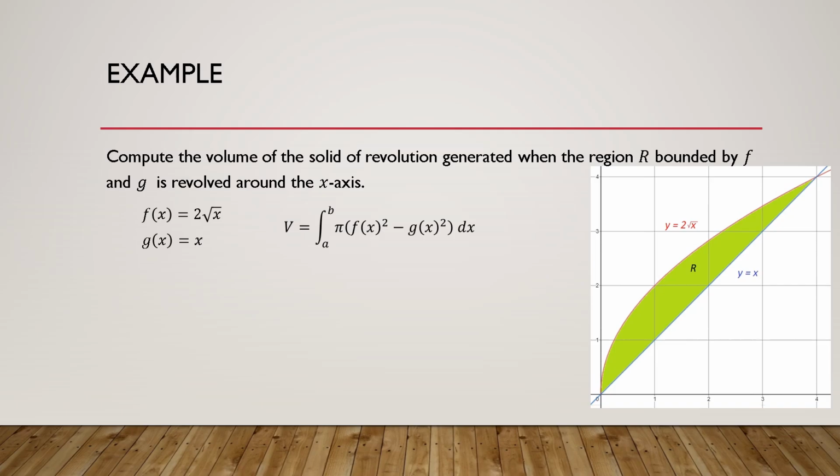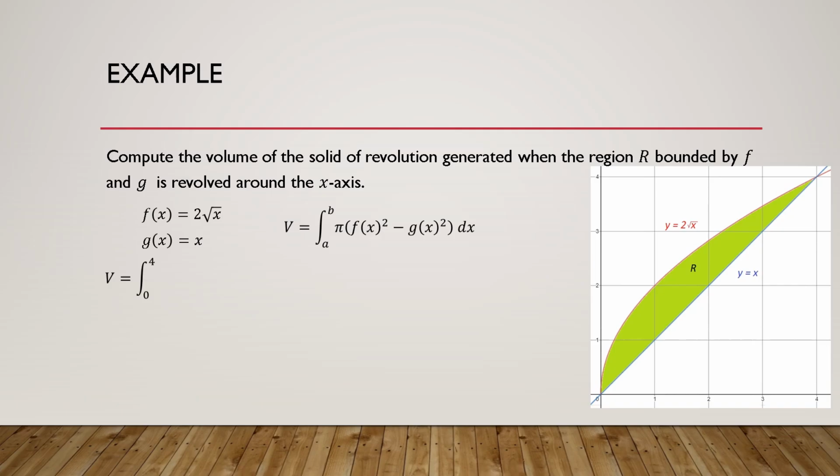First, let's look at the two functions to determine the boundaries. If we set x equal to 2 times the square root of x, we arrive at two solutions, 0 and 4. These solutions will determine the upper and lower boundaries of the integral. The graph depicts this as the 2 points (0, 0) and (4, 4), where the graphs intersect.